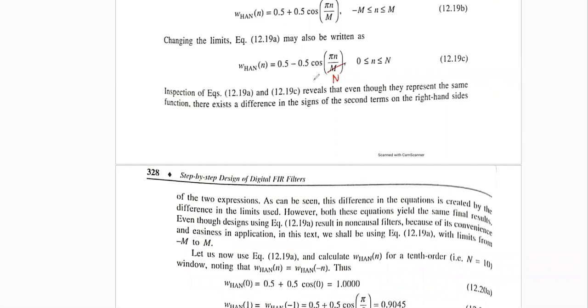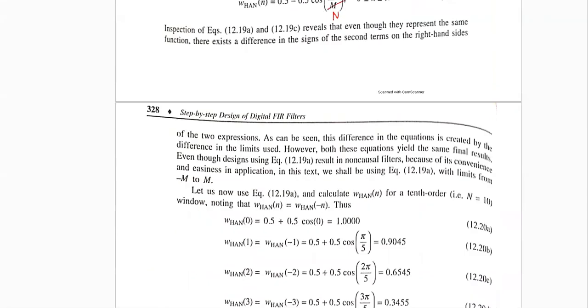How does it look? It is a cos function multiplied with half, and half minus this one. At n equals 0, cos 0 equals 1, so 0.5 minus 0.5 is 0 in this form, so at the 0 location there is an impact on the coefficient.